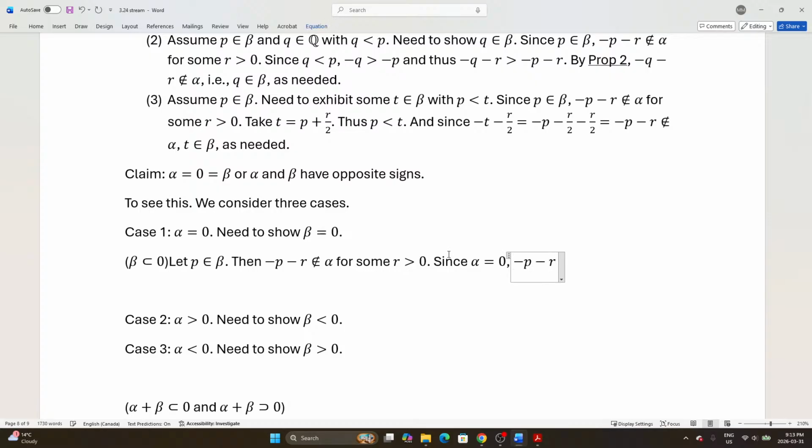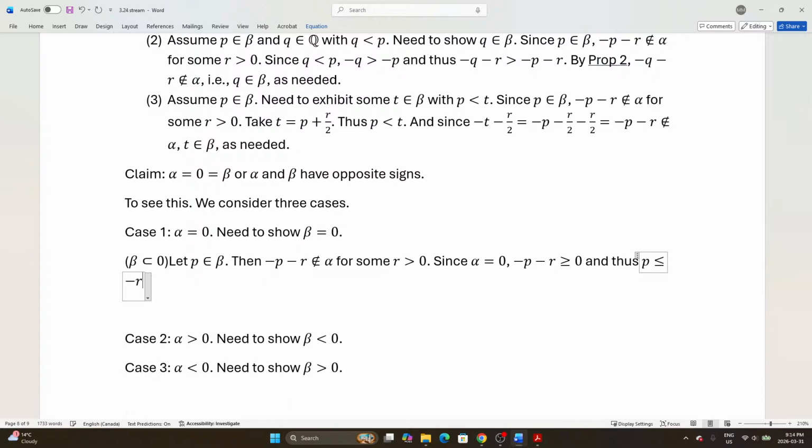Right, so that means P is less than or equal to minus R. And R is strictly greater than 0, so that means P is less than 0.